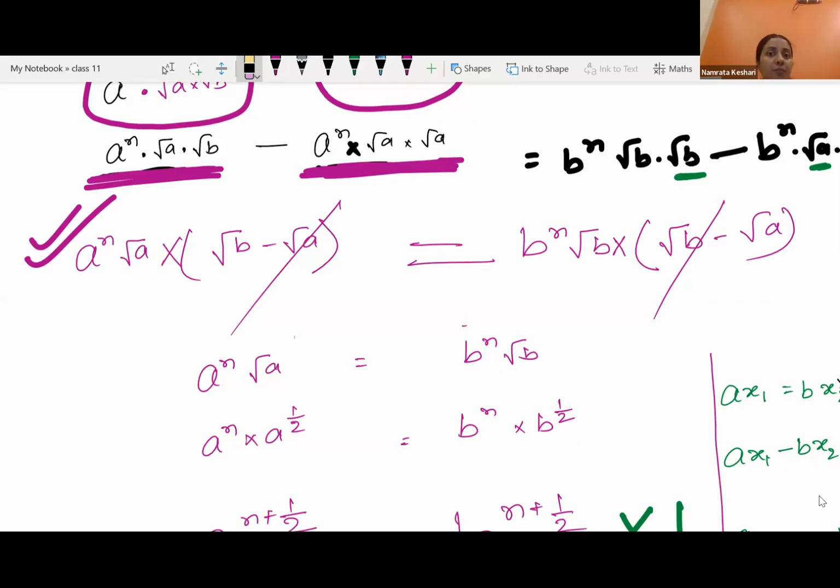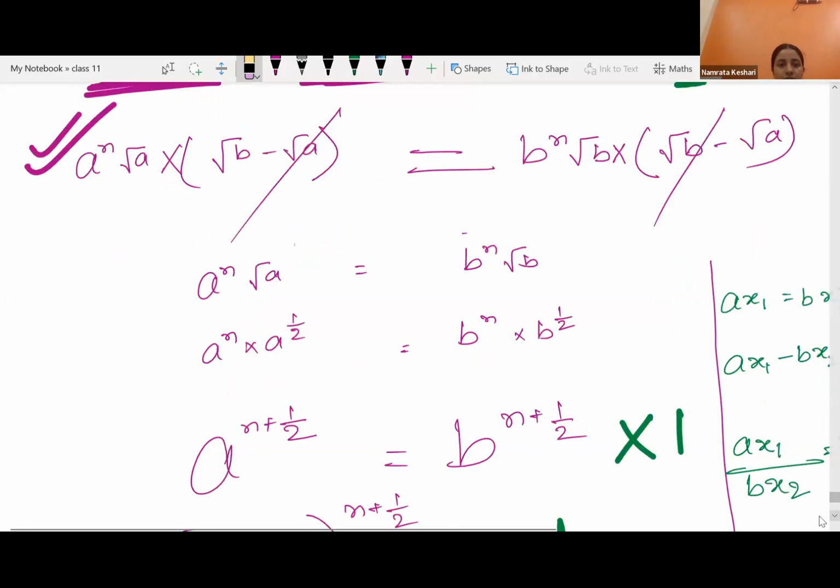Previously we were breaking them just to take out common factor and simplify, but now all the simplification is done. We don't have any scope now. So we can write a to the power n root a as a to the power n plus 1 by 2. Can you see that? Yes.